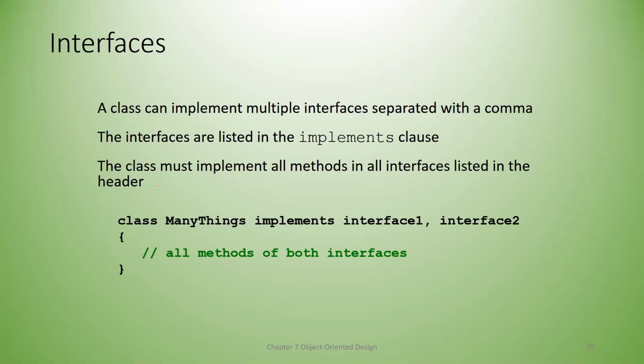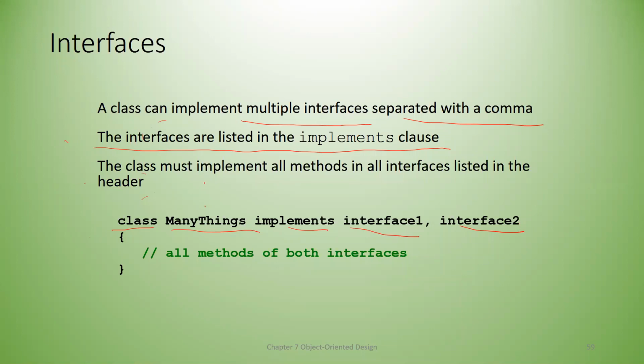Okay, so a class can implement multiple interfaces separated with a comma. The interfaces are listed in the implements clause. The class must implement all methods in all interfaces. So here, class many things implements one interface, two interfaces.